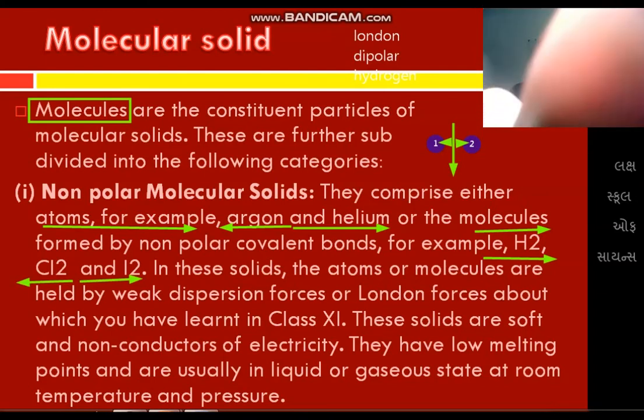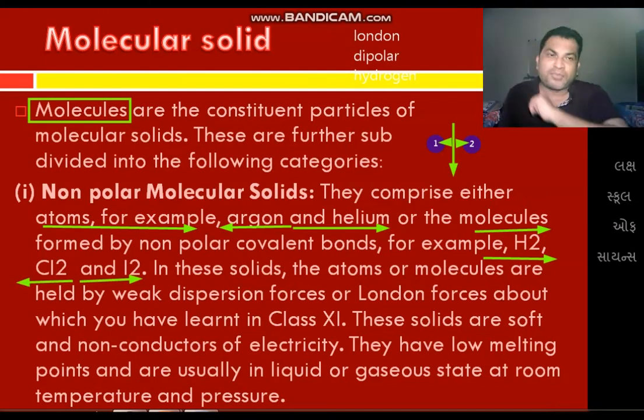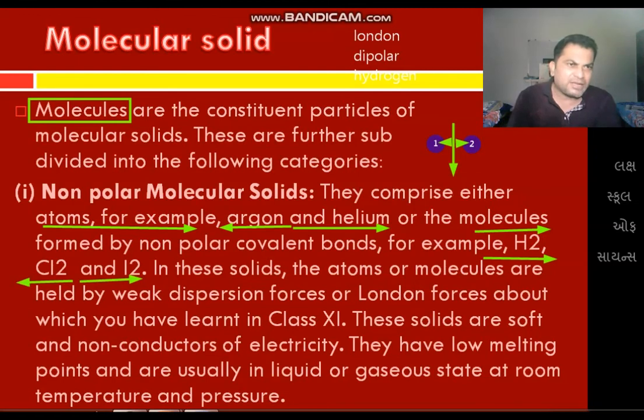I don't think you have any problem. You must remember this. So here we are talking about solids that, after conversion, behave as molecular solids. In these solids, the atoms or molecules are held by weak dispersion forces like London forces, about which you have learned in 11th standard.